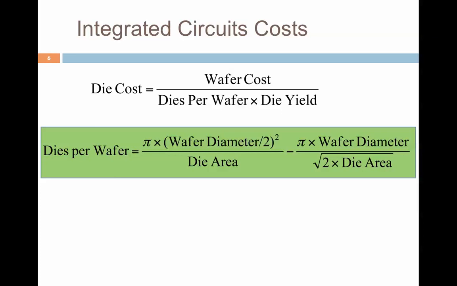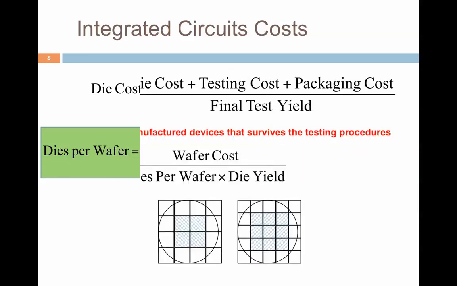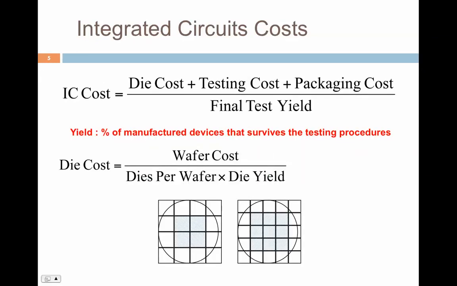Now, the first term is the ratio of the wafer area to the die area. Obviously, we're looking at the total wafer area to the die area. And the second term compensates for the square peg in the round hole problem. That is, if you go back and see here, this is a circular wafer, right?